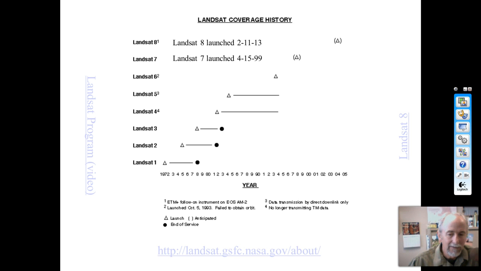So again, this is an incredibly valuable set of data if you're interested in monitoring changes that have taken place on Earth and what's actually happening and has happened on Earth starting in 1972. There's nothing really to compare it to in terms of environmental, land cover, oceanic analysis data sets that we have available to us.